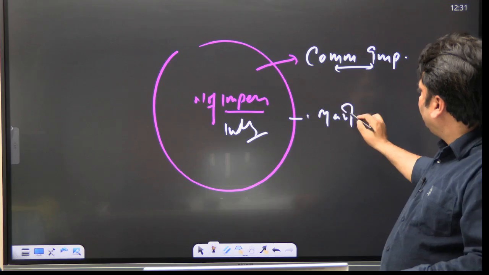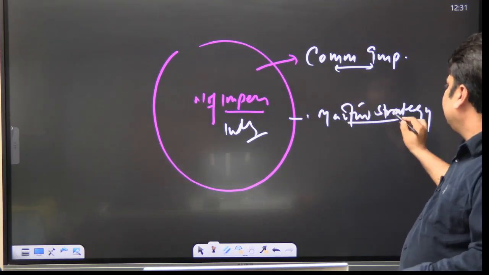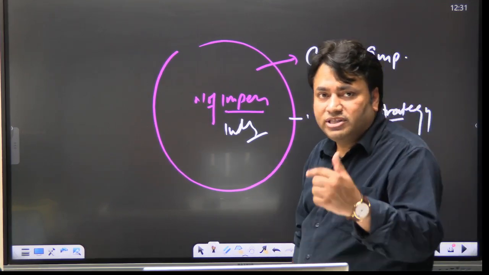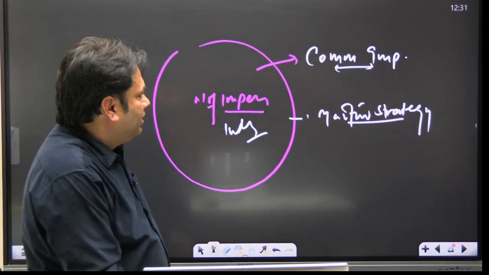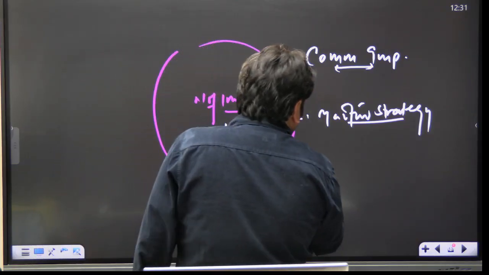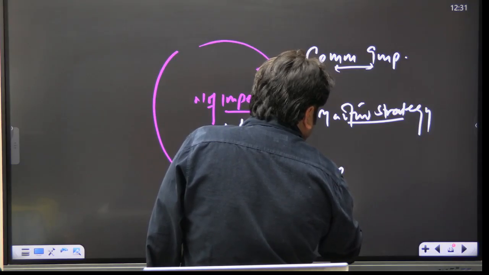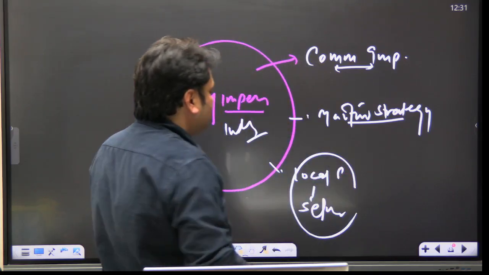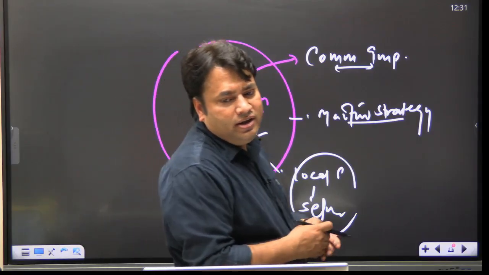Dutch followed a strategy, and that is maritime strategy, because they had to deal with the Portuguese. Now, in local politics, they did what? Selective intervention. Intervention only in those cases where they need to secure their trade interest.